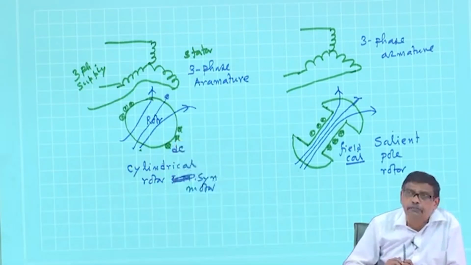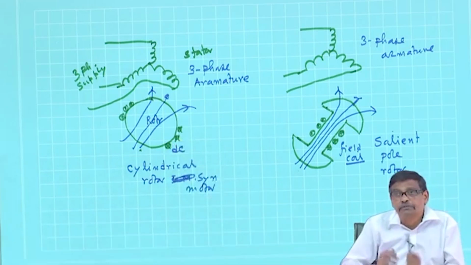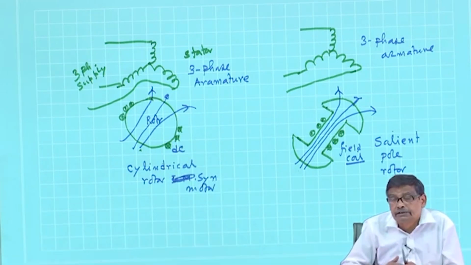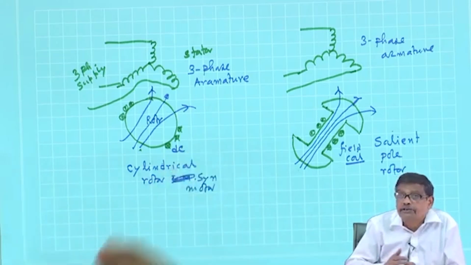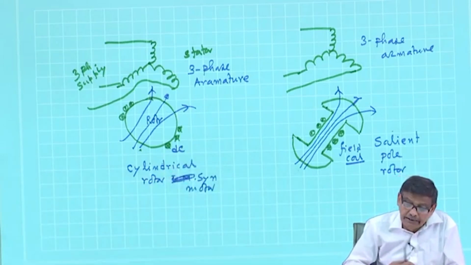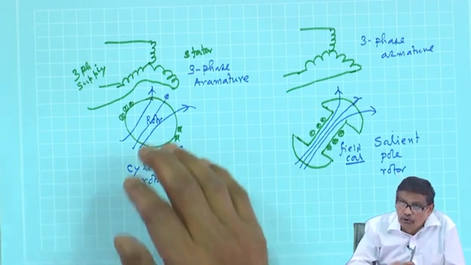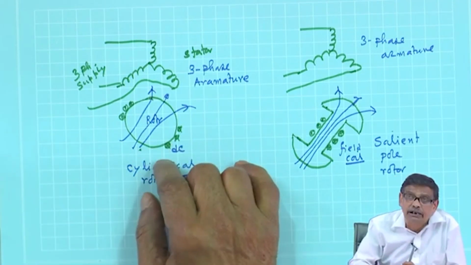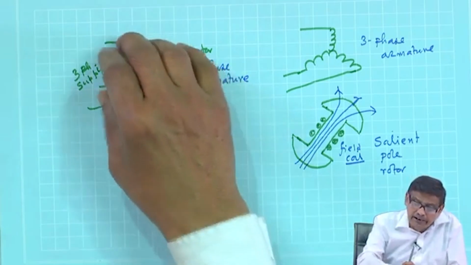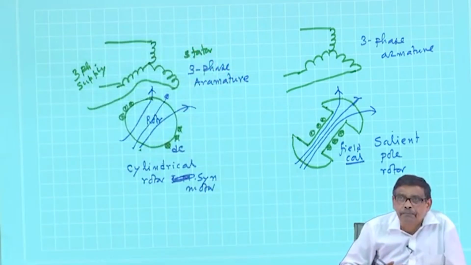Therefore, people always prefer, at least for large machines, for example, all generators in power stations, which are synchronous generators, there invariably the field winding will be on the rotor. That is why I have drawn it like that, and the armature winding will be on the stator.